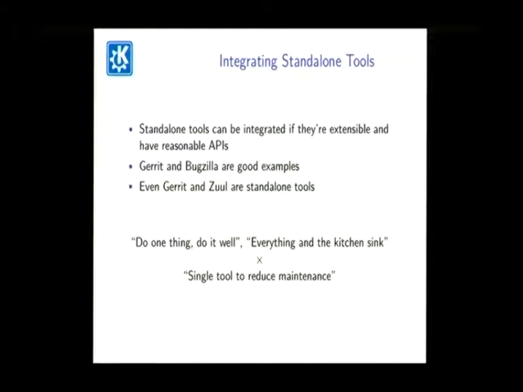The thing is, all of these tools are effectively completely separate. Gerrit is one standalone tool, Zuul is the second standalone tool, and nonetheless we were able to make them play well with each other. Another example of such a tool is actually Bugzilla. What I'd like to show right now is how the integration of Bugzilla and Gerrit looks.